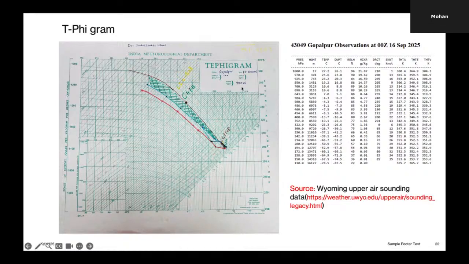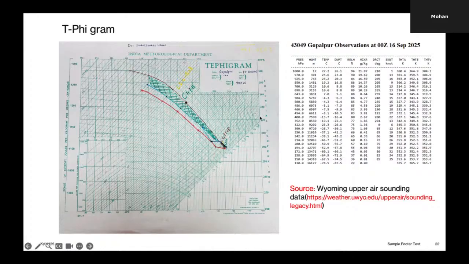So what can you do with this diagram? The immediate question is, you have this diagram and you have these profiles, what will you do? In earlier days, they used to do this analysis for nowcasting, to see the positive area between these curves. They used to draw these diagrams and find out the different atmospheric conditions.